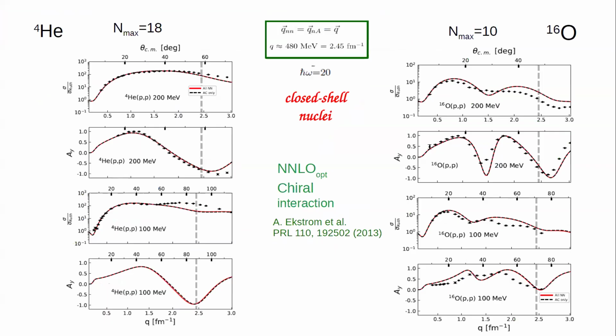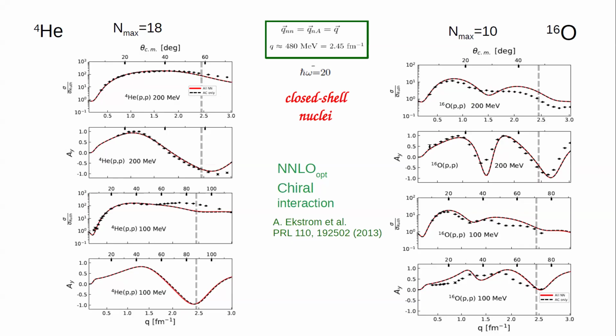The first thing is still from Matt Burrows' thesis. We did closed shell nuclei. We did helium-4 at 200 MeV and 100 MeV, and the differential cross-section, always divided by Rutherford to actually see how you do in the forward direction. And this is the analyzing power. And we did it here for oxygen.